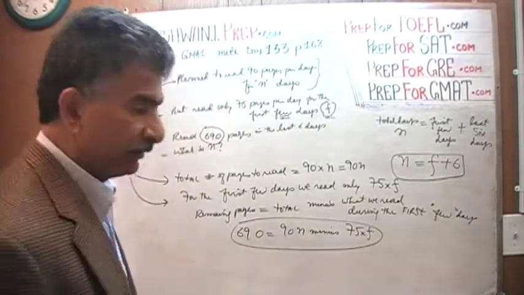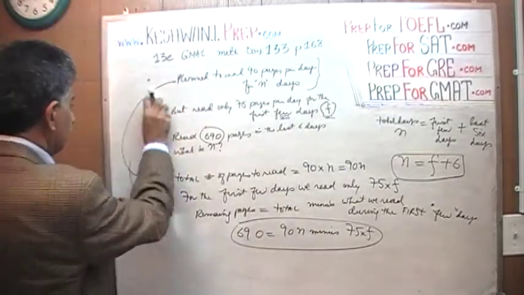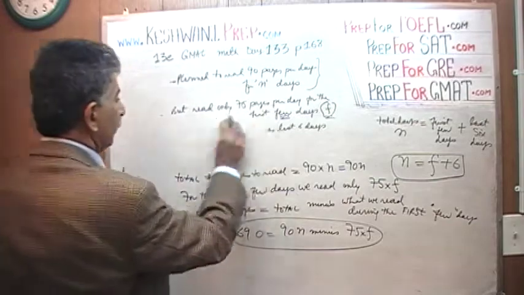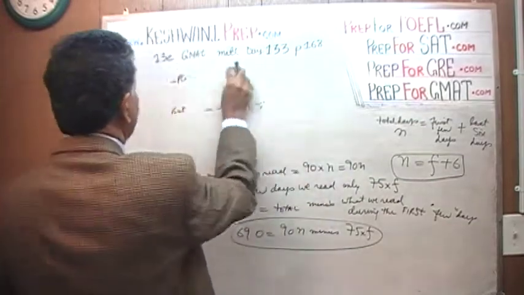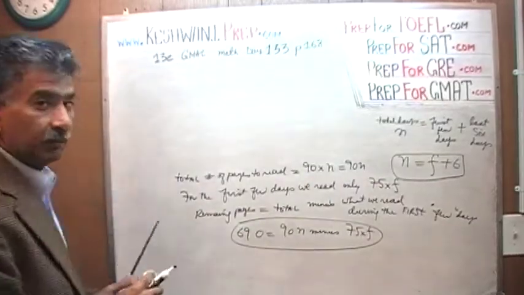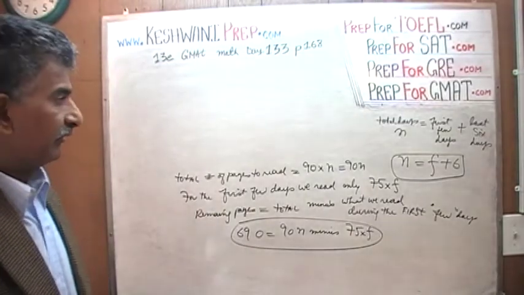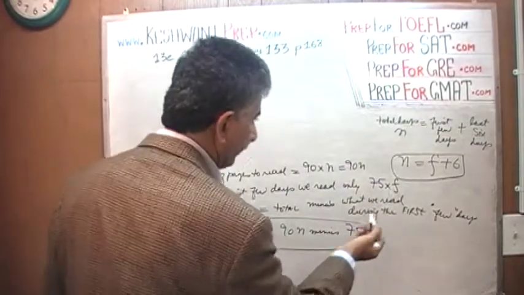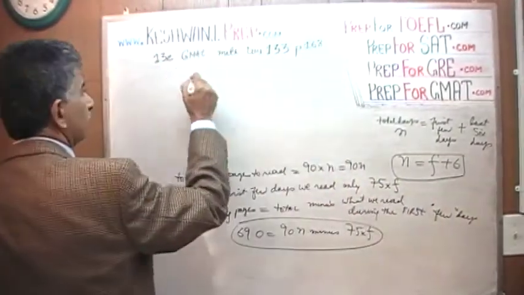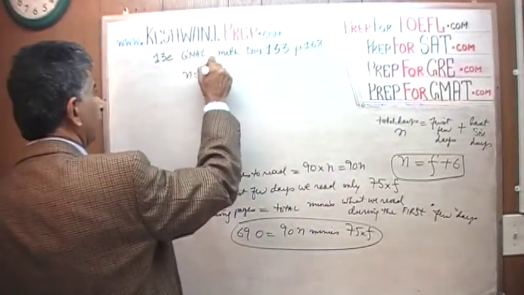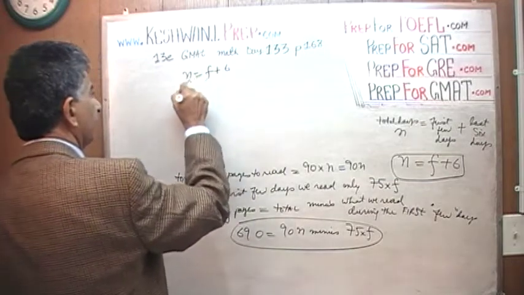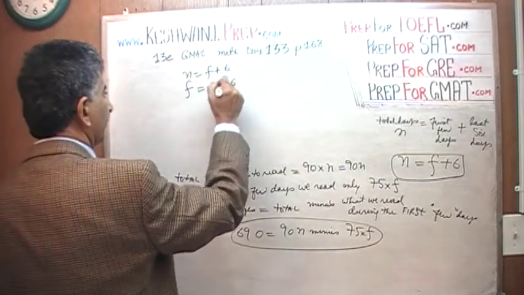But anyway, this is how you set it up. We just have to solve it. Since they're asking for the total number of days, we're looking for n, not f. So we're not going to waste our time looking for f. n equals the total number of days equals f plus 6, which is the same as saying that f equals n minus 6.